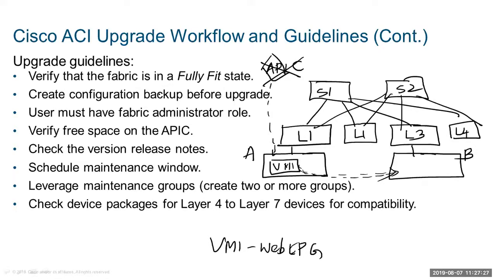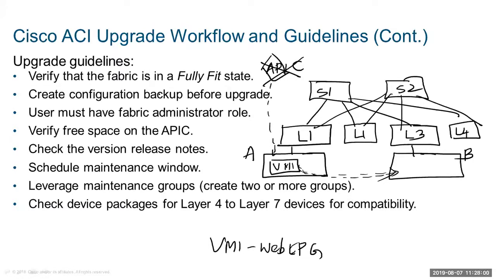You've got to remember the APIC steps up when any change is made on the endpoints that are moving around. If the APIC doesn't have knowledge about it, it will not convey that to the switches. So it is crucial. The APIC has to be up, even though it is not involved in routing or forwarding the data.